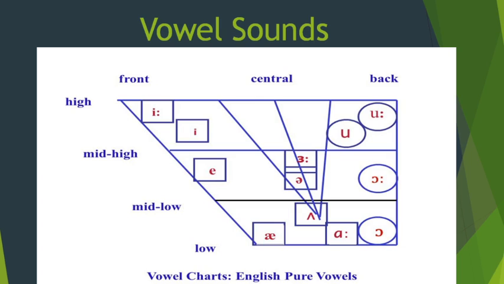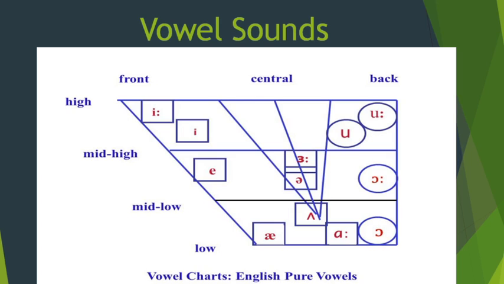And if you see these horizontal lines from the base, you see low, mid low, mid high, and high. High means closed, mid high means half closed, mid low means half open, low means open. This is the position of the oral cavity.